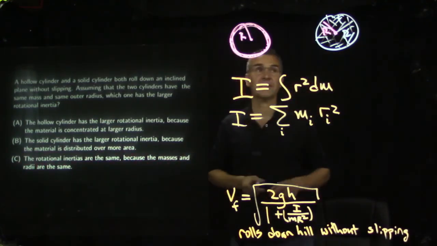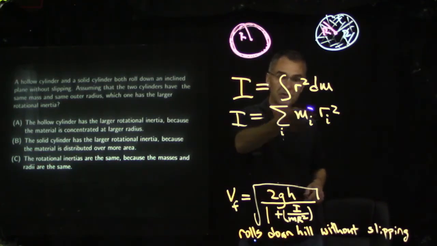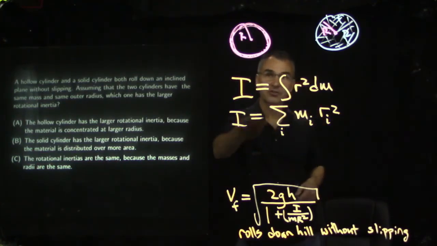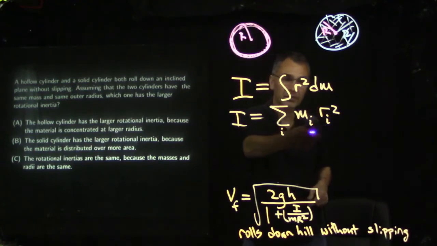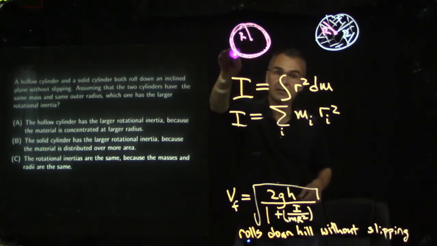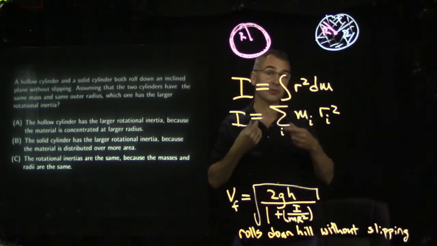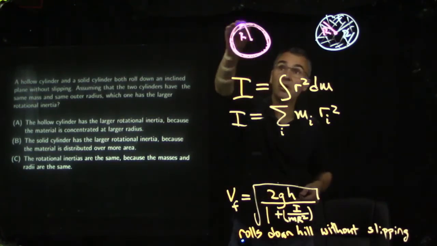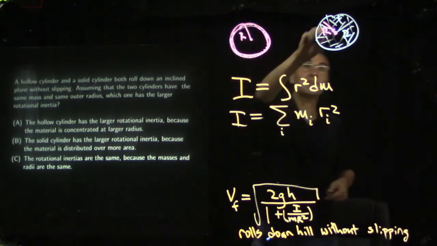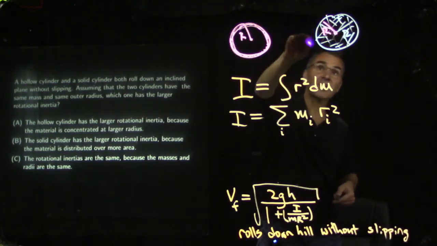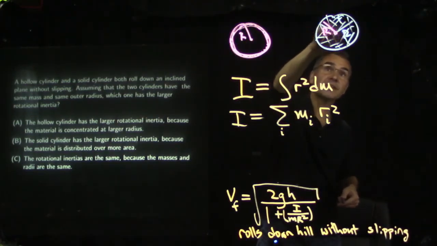Well, this expression for the rotational inertia, so you divide up the mass into a whole bunch of little chunks, and for each chunk, you take that little chunk of mass times how far it is squared from the axis of rotation, or from the center of mass. And here, all of the mass is out here at r. Here, a tiny bit of the mass is out here at r, but really the bulk of it is kind of in between, at some intermediate value of r.